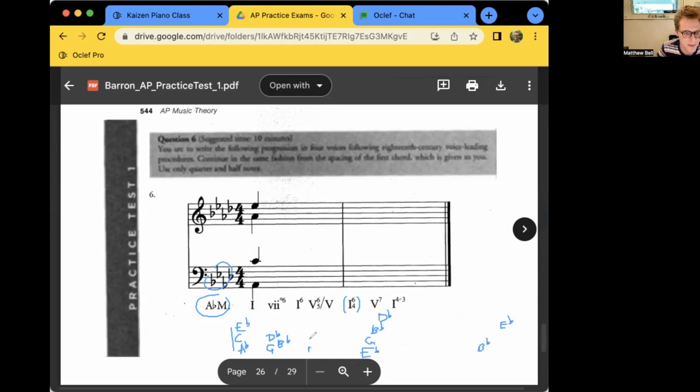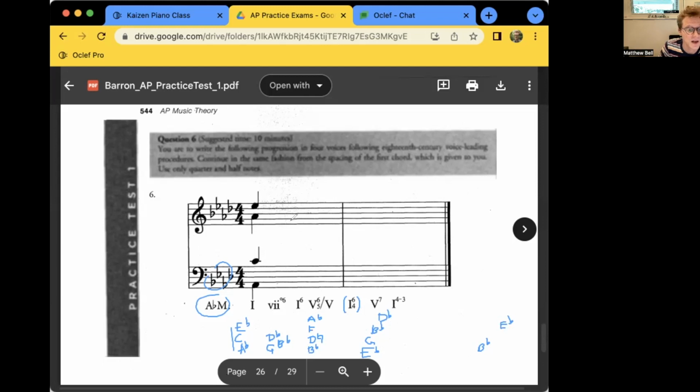So we've got B flat, D natural, and I'm going to go ahead and put D natural since we're going to have to alter that from the key signature. F, and A flat. So this is the first recommended step that's usually given in test prep books and in the AP sort of official guidelines.